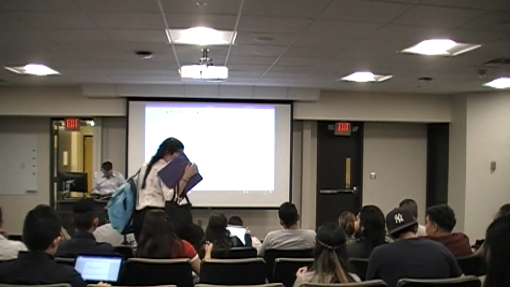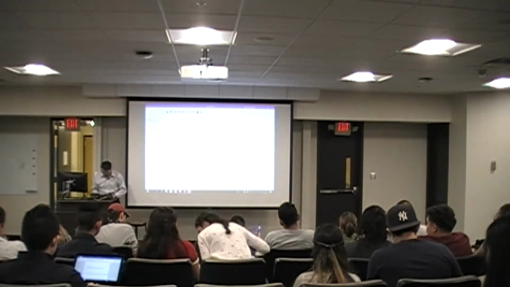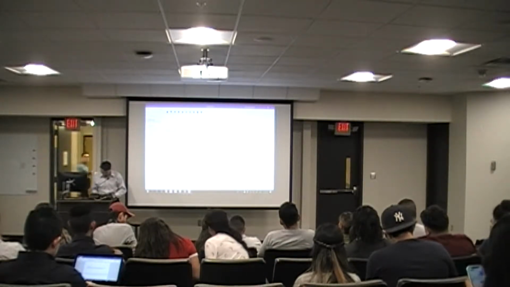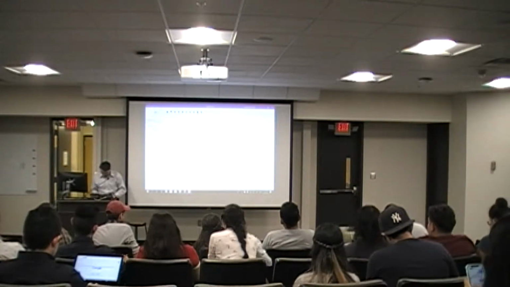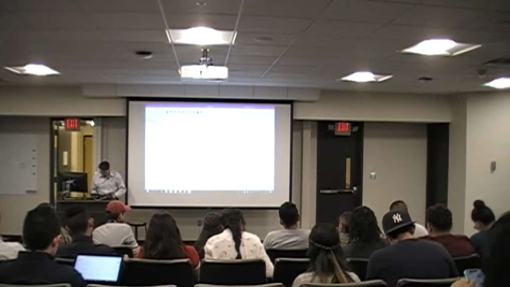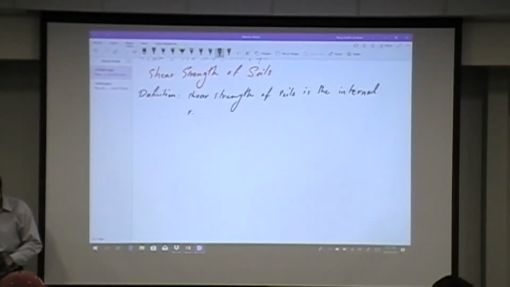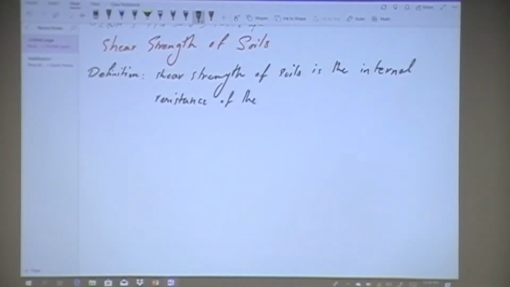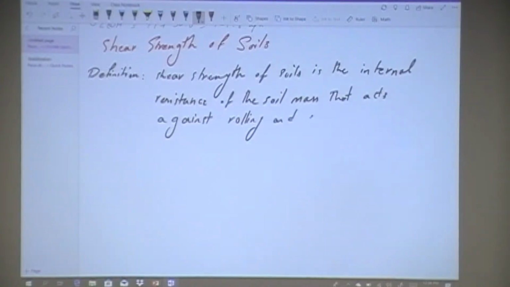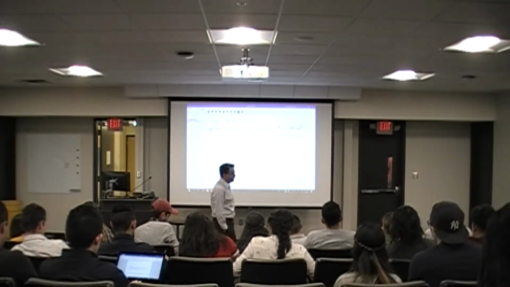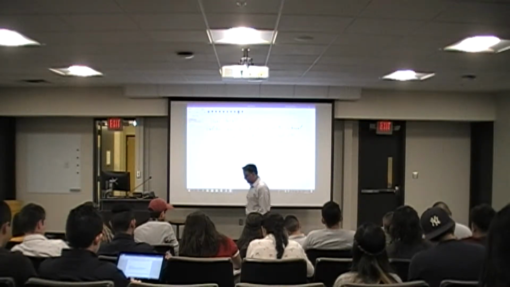By definition, shear strength of soil is the internal resistance of the soil mass that acts against rolling and sliding of the particles against one another. So that's a general definition that we have for the shear strength of soils.